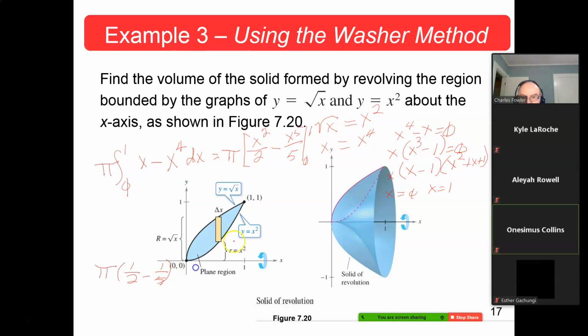And when you plug in the zeros, you get absolutely nothing. So this will be pi times. Least common denominator here is 10. So that will be 5/10 minus 2/10. And that would be 3/10 pi.